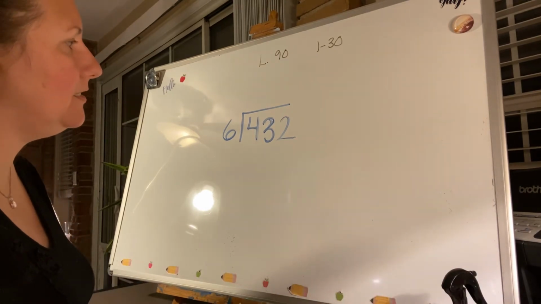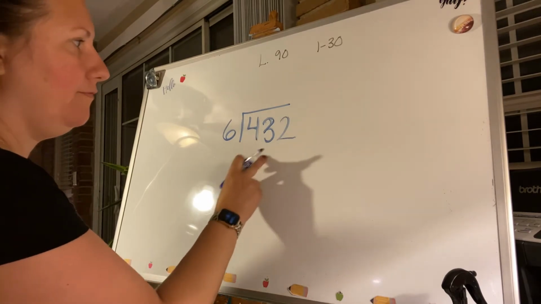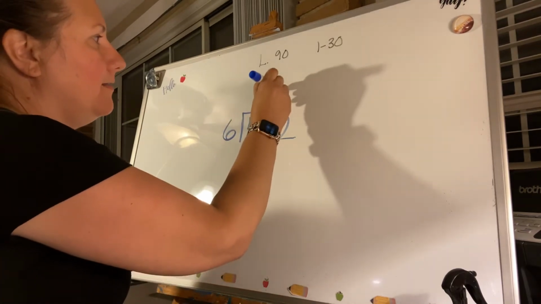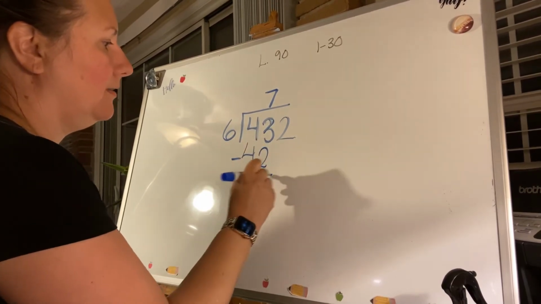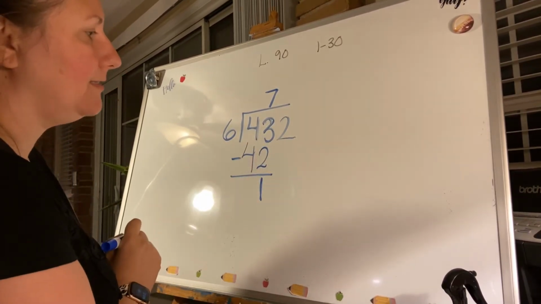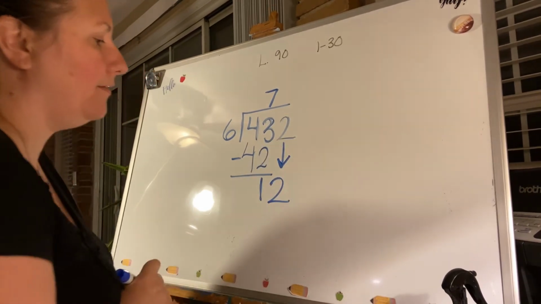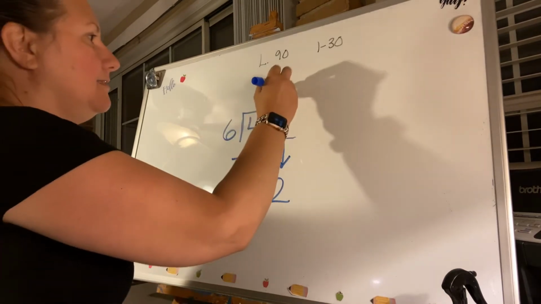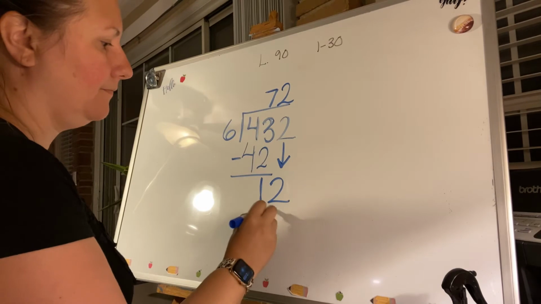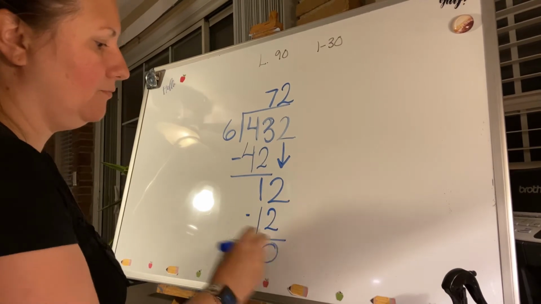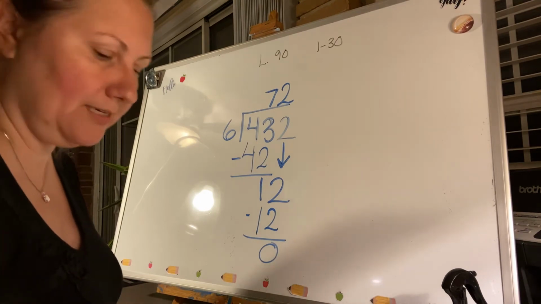Right away, I'm noticing that 6 times what will bring me closer to 43? Well, that's a 7. 7 times 6 is 42, and we subtract and get 1. Bring down that 2, and we have 12. 12 divided by 6 is 2, just like 2 times 6 is 12. I subtract, I get 0, which means there's no remainder. The answer is 72.